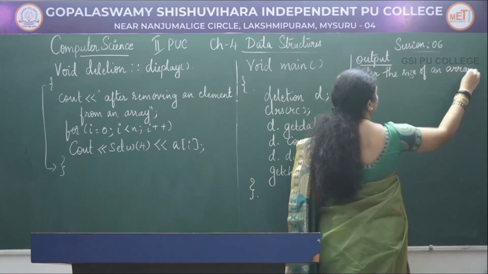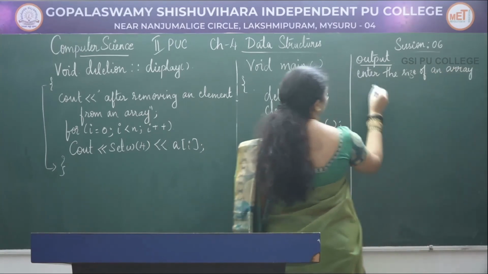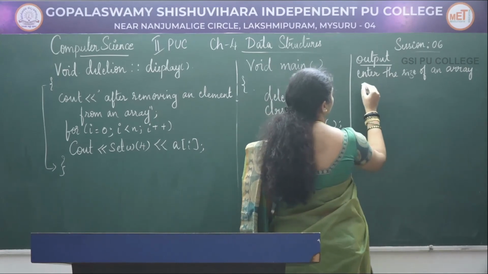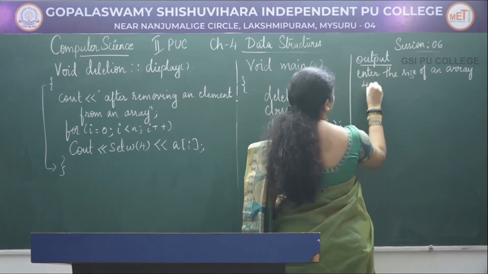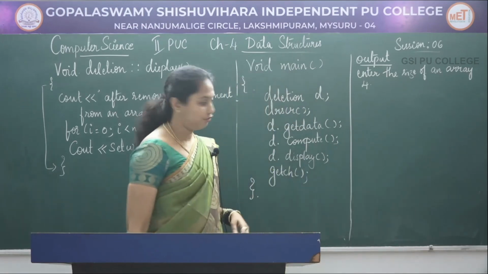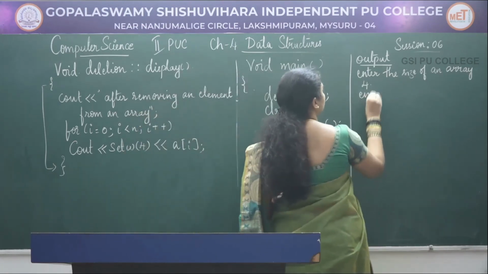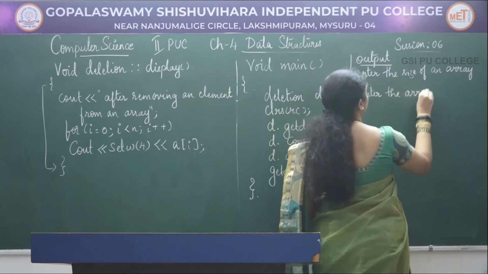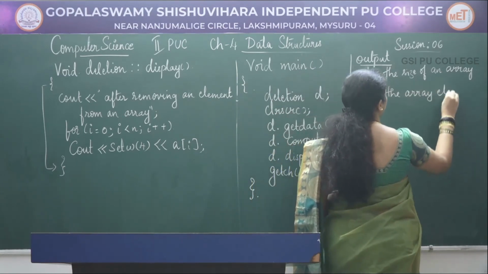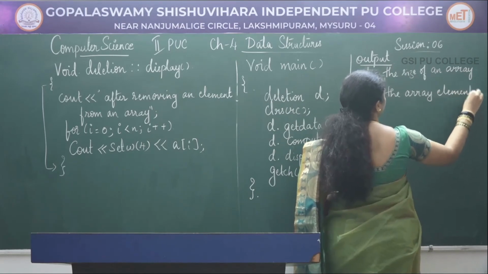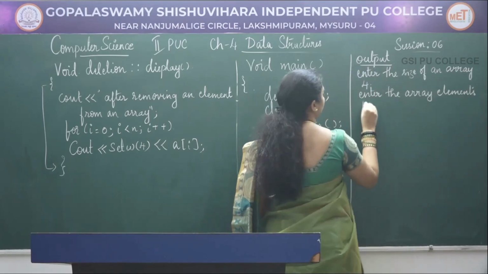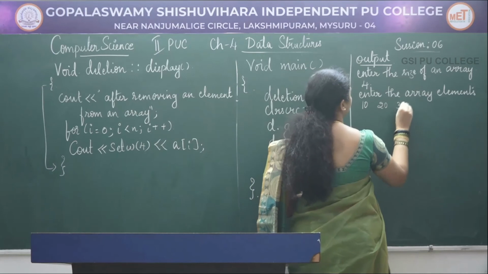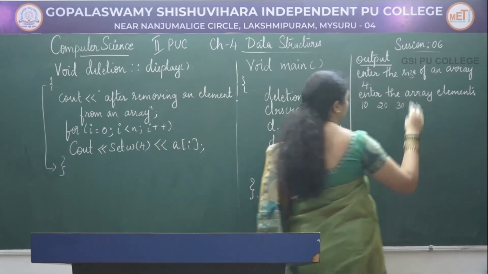The size of an array is 4. Enter the array elements. What are the array elements? 10, 20, 30 and 40.